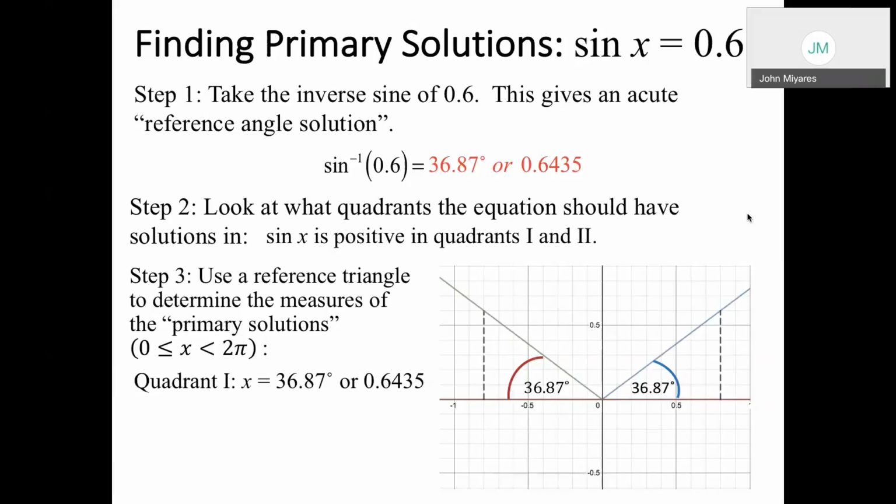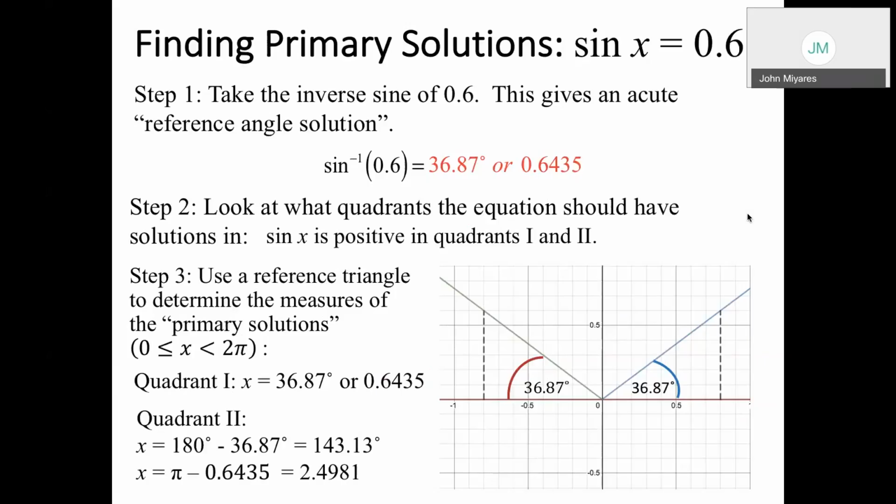In quadrant 2, we'll take 180 degrees minus 36.87 degrees to get 143.13 degrees, or equivalently in radians, we could subtract 0.6435 from pi, which we can do by either using the pi button on our calculator or use the decimal equivalent 3.14159 to get 2.4981 radians.